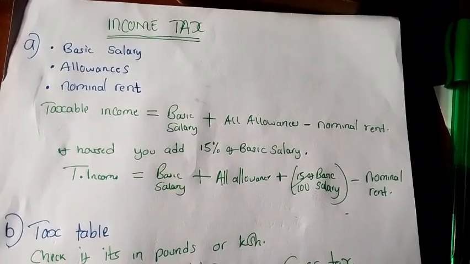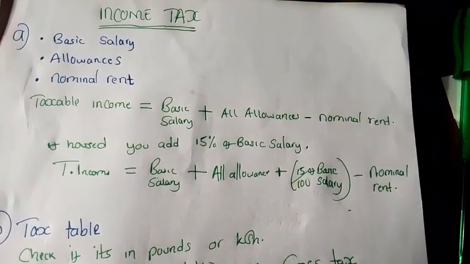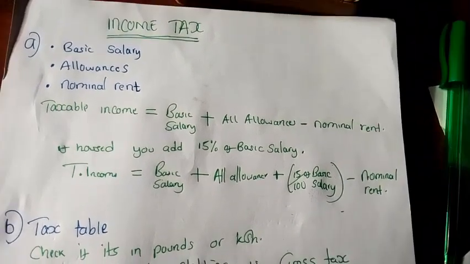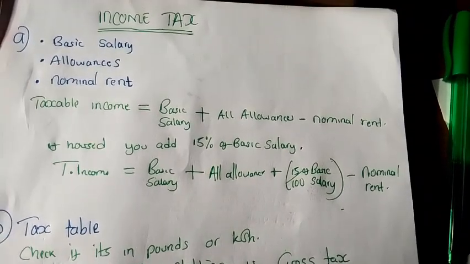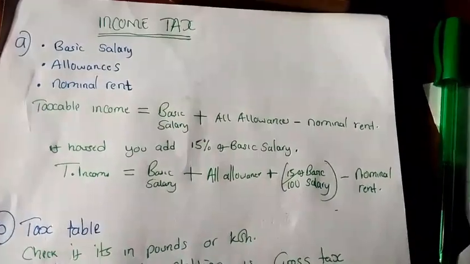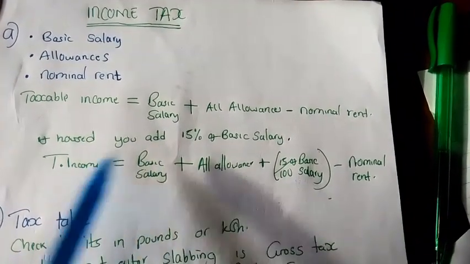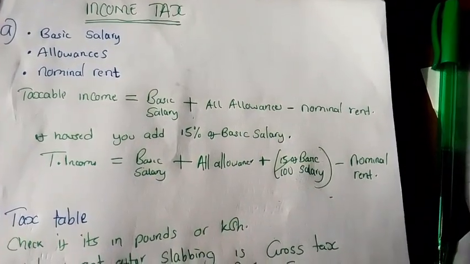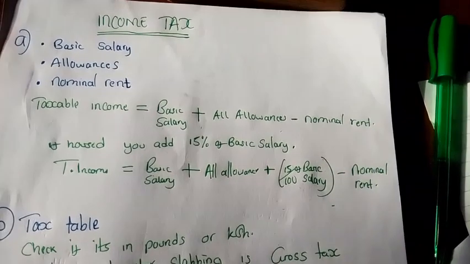Taxable income is the total amount that is subjected to taxation of an individual. We get it by adding basic salary plus all allowances that you may have identified in your problem, minus nominal rent if there is any.